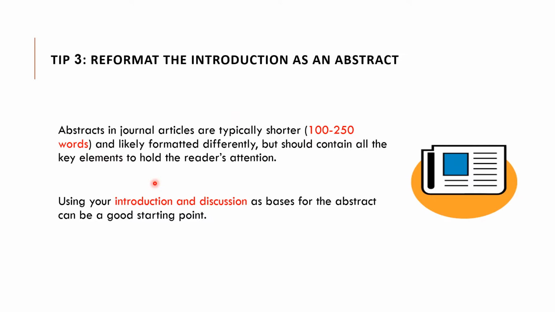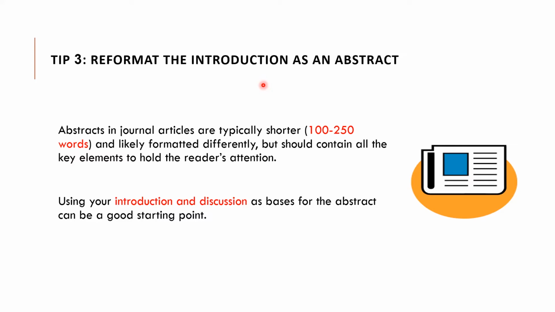You know that the abstract in the thesis takes at least 1 page. I'm talking about the final abstract. As long as it's 1 page, that means the minimum will be 500 words, and this is not acceptable in the journal. So you need to summarize it, to downsize it.